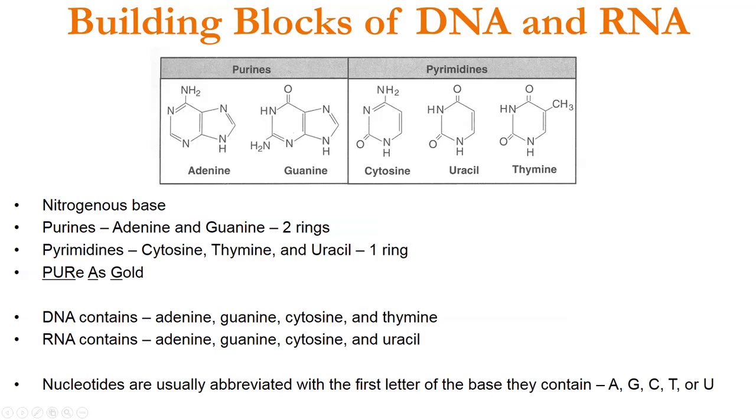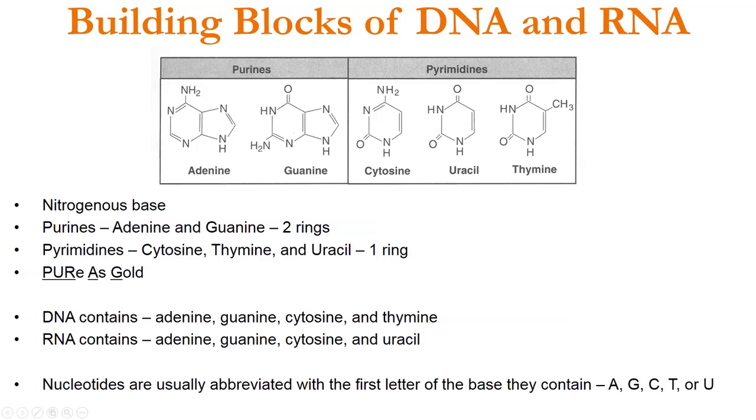There's a little mnemonic there to help you remember which ones are which, because I would ask you to know that. Pure as gold, purines, A and G. I've also seen other people use another; once you know one, then you automatically know the other, so just use whichever one you like. You've got CUT here, so cut the pie. Sometimes people use that to remember. But that is something you would be expected to know.